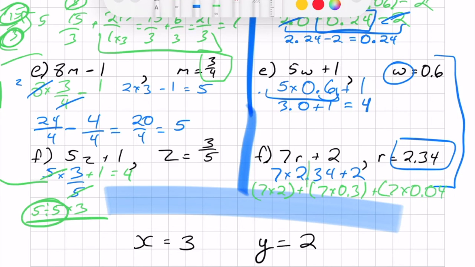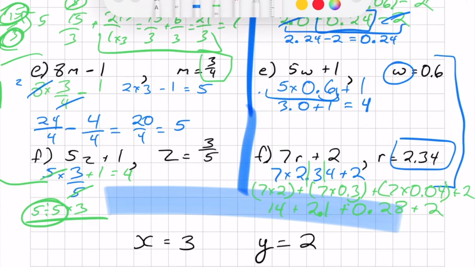So what I've done is I've broken these up into their place values, and I'm going to multiply them first. This is 14. That's 21, 1 decimal place there. This is going to be 28, so plus 0.28 plus 2.